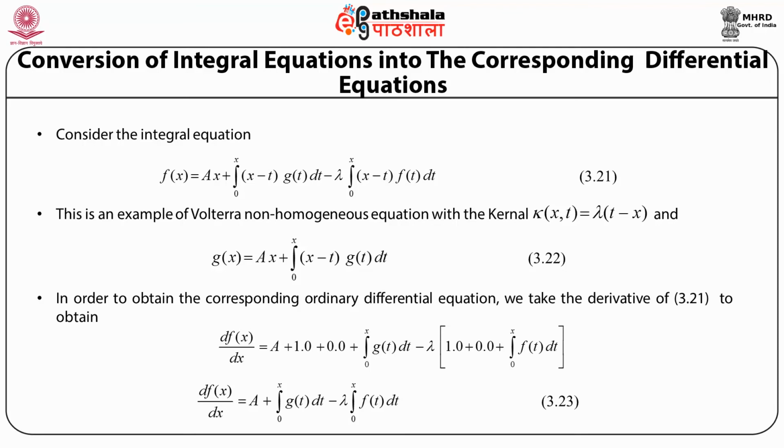So when we put this together, we get the first derivative of the integral equation as df/dx equal to a plus the integral from 0 to x of g(t) dt minus lambda times the integral of f(t) from 0 to x.